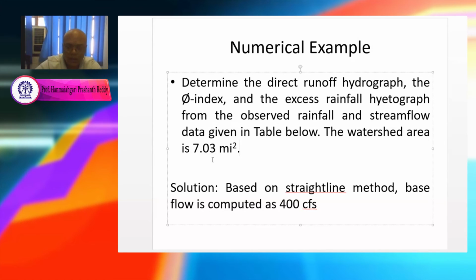So here the flood hydrograph is given, then the rainfall hydrograph is given, and the area of the watershed is given. We need to find the phi index, the excess rainfall, and the direct runoff hydrograph.